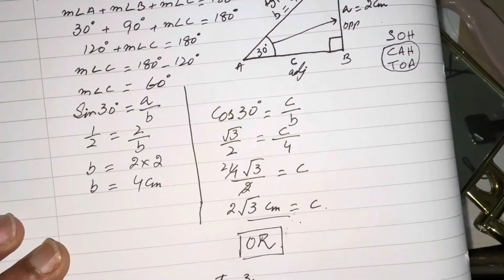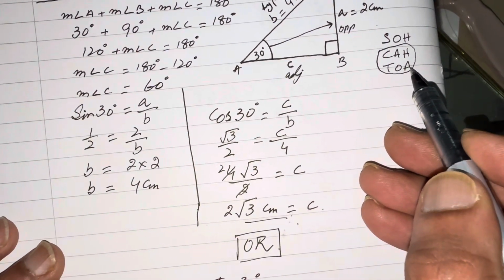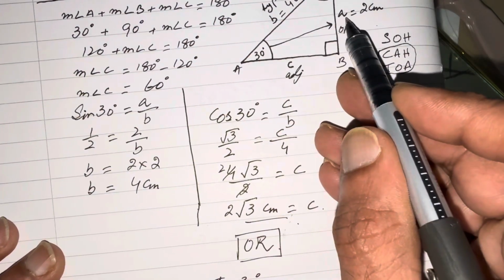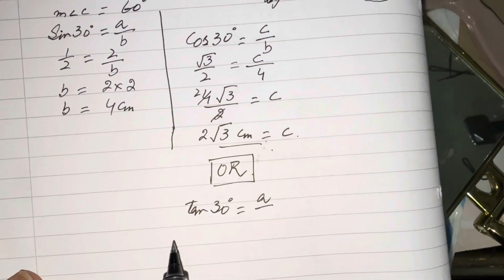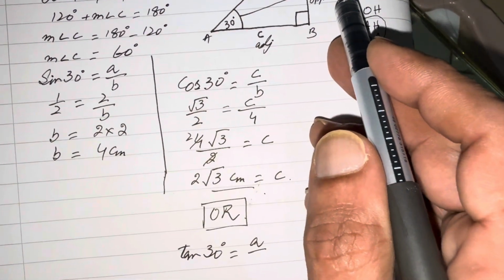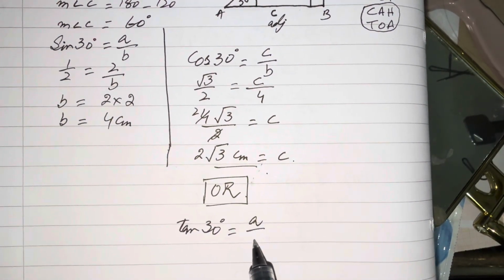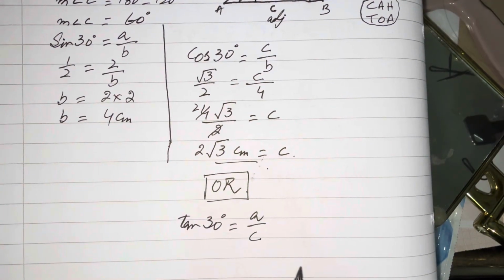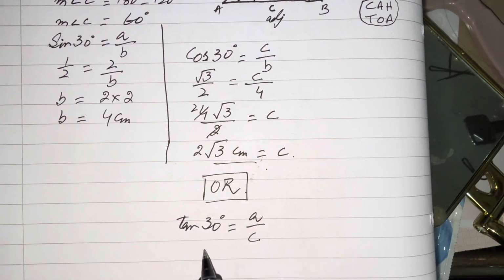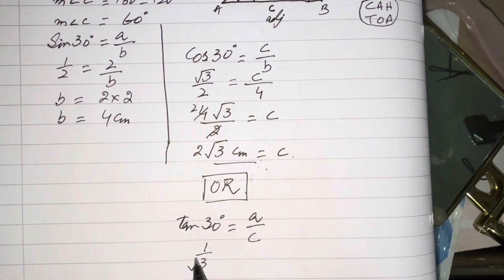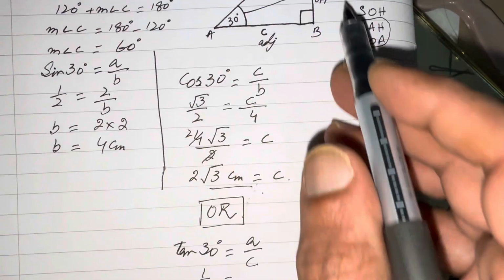If we take tangent 30, it will be equal to opposite side over adjacent side. The opposite side is A, and the adjacent side is C. Now if you remember, tangent 30 was equal to 1 over root 3, which equals A over C. What is the value of A? 2.